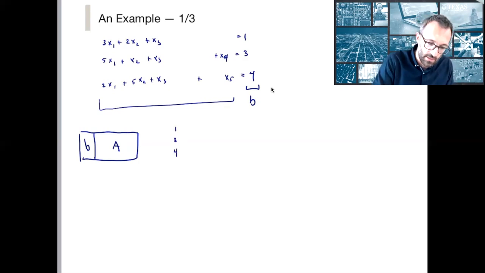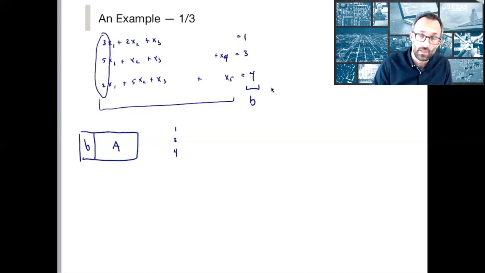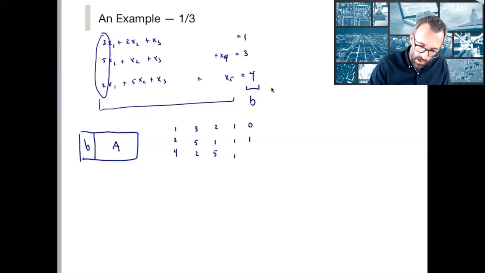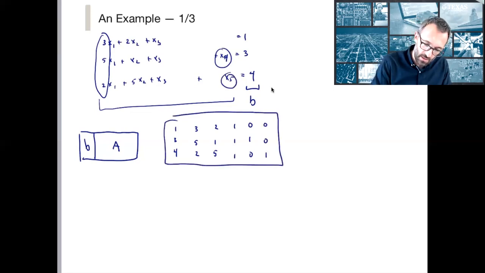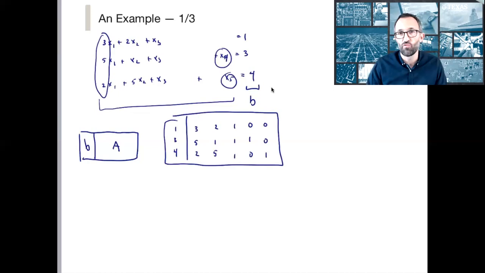So it is 3, 5, 2 is the first column. 2, 1, 5. 1, 1, 1. 0, 1, 0. 1 because I had this x4 here. And 0, 0, 1. That 1 is that x5. So here is a summary in a Tableau form.